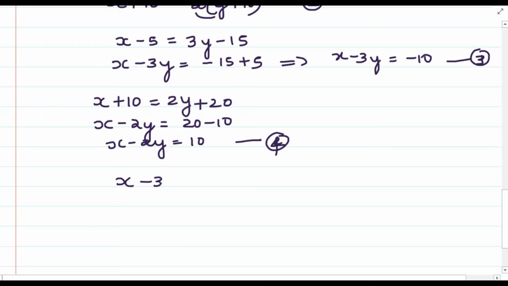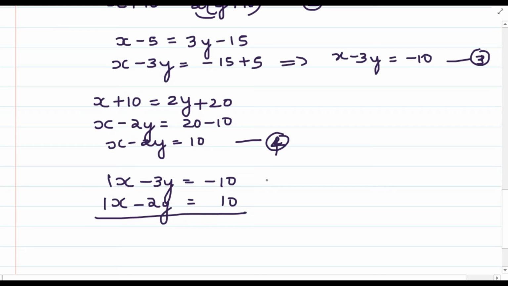So X minus 3Y equal to minus 10, and X minus 2Y equal to 10. This is very easy because the coefficient of X is the same. You need not multiply anything. Coefficient of X is 1. Since the sign is the same, I will subtract 3 minus 4.